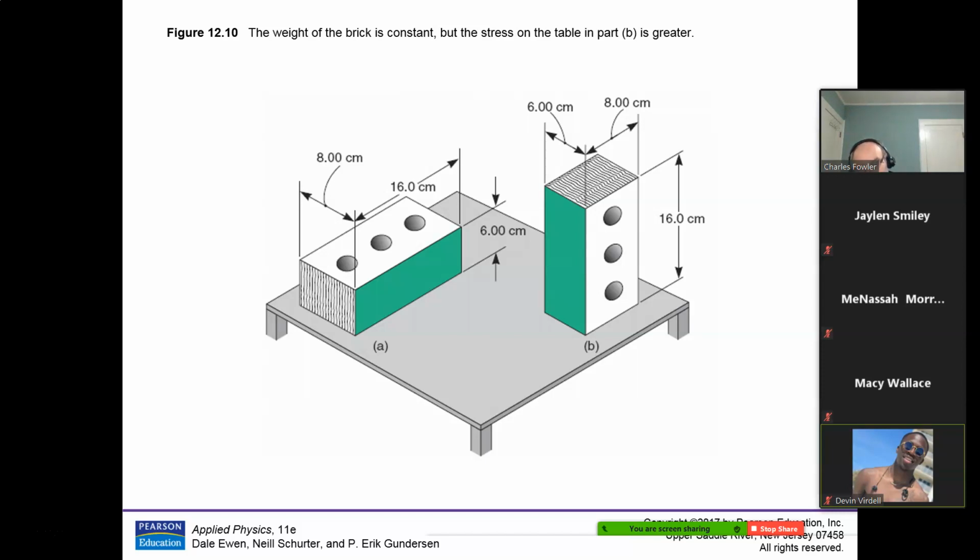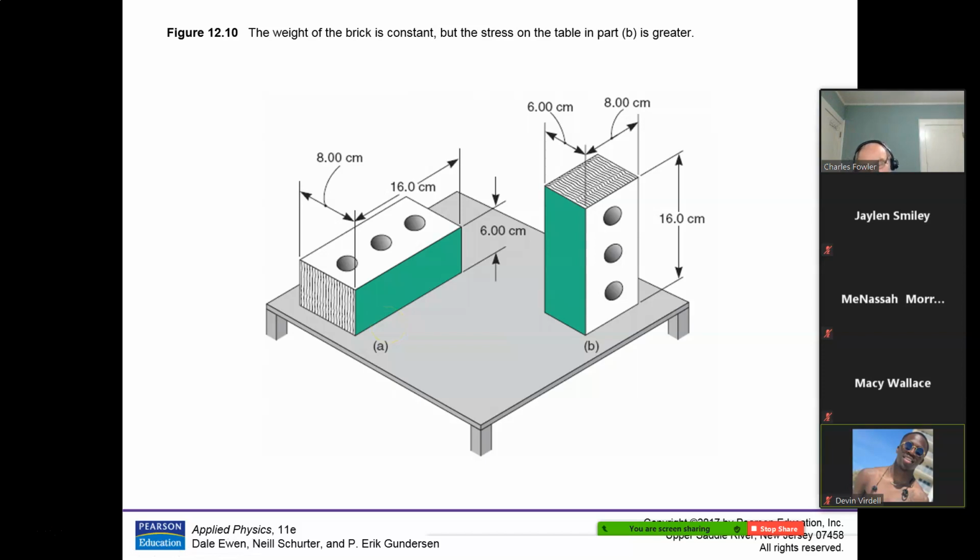There's 100 centimeters in 1 meter. You square the 100, you square the 1, and 1 squared is still 1. That gives you 10,000 in your numerator there. So 12 times 10,000 divided by 128 gives you 938 pascals.